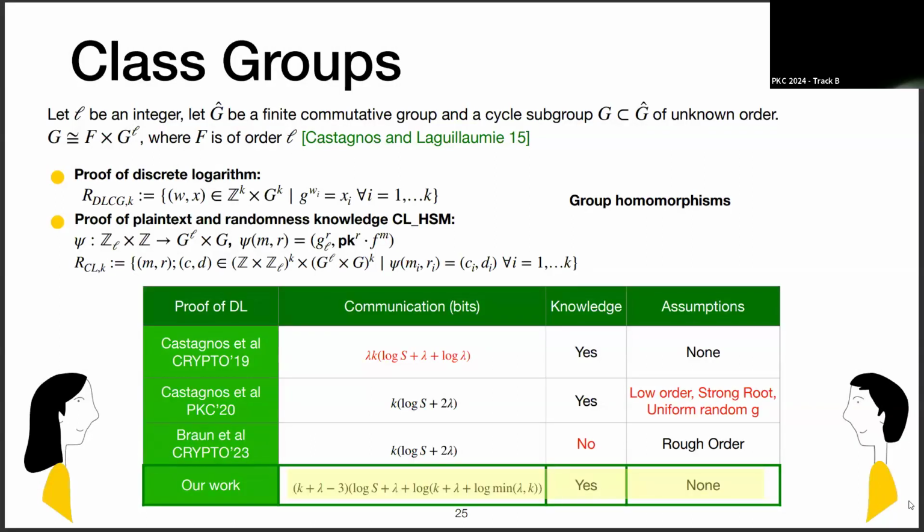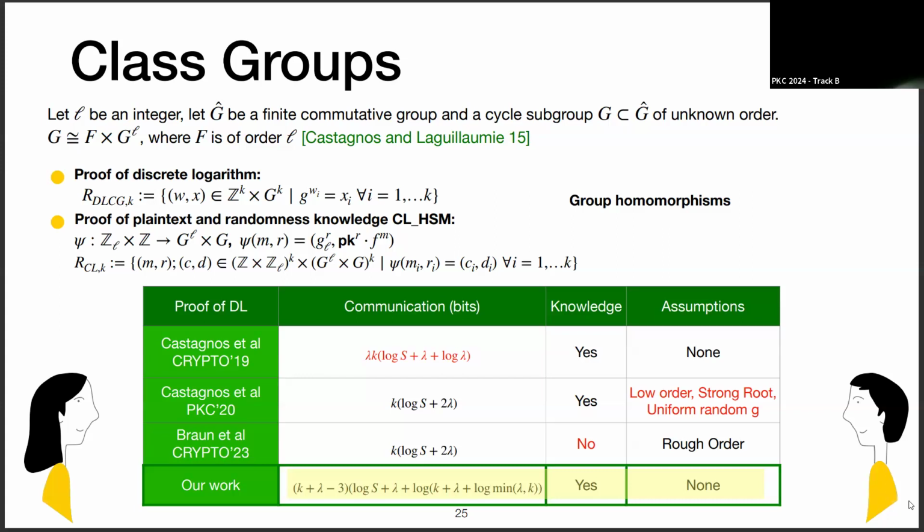knowledge. So in particular, for the case of the discrete log, by applying our construction, we improve previous works. So compared to the first one, the work of Castagnos et al. presented in 2019, we improve the communication complexity, because what they do there is that they consider a binary challenge and they repeat the protocol lambda times in order to get a soundness error of 2 to the minus lambda.